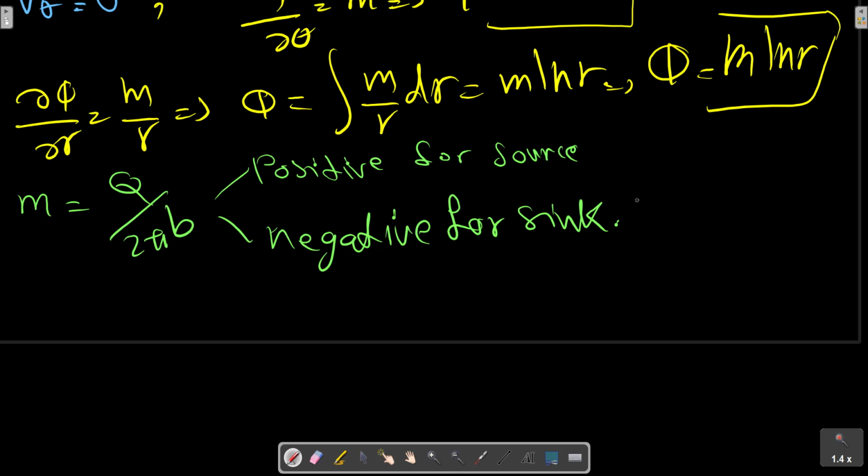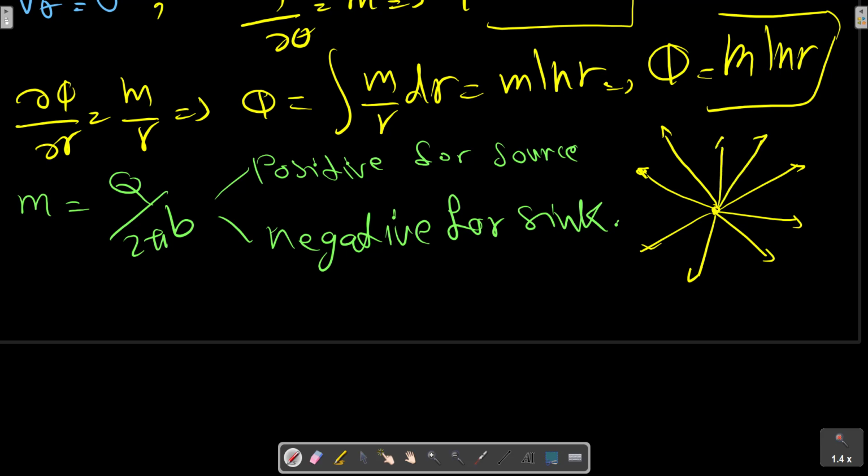Example: consider this point. You have streamlines and potential lines phi for the sink or source.